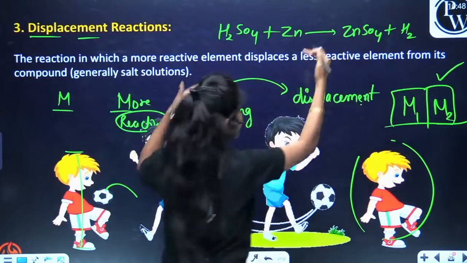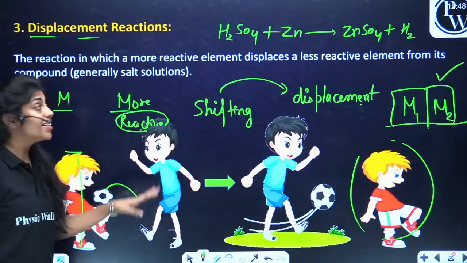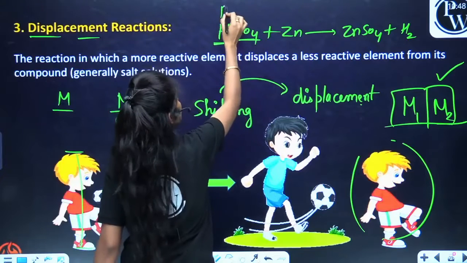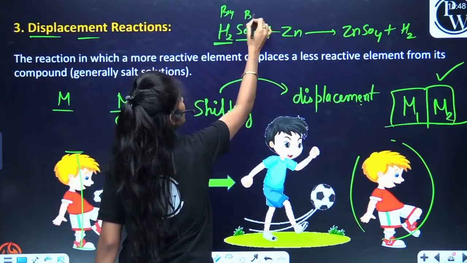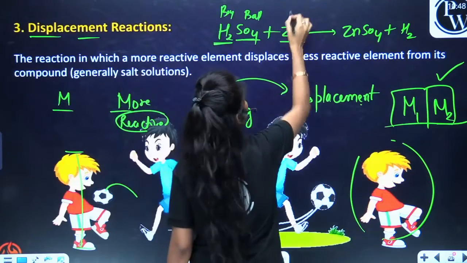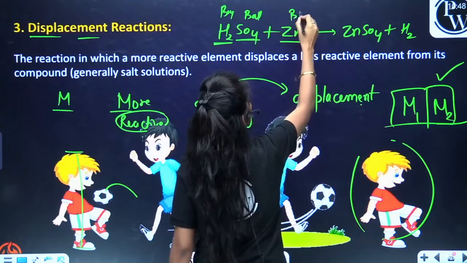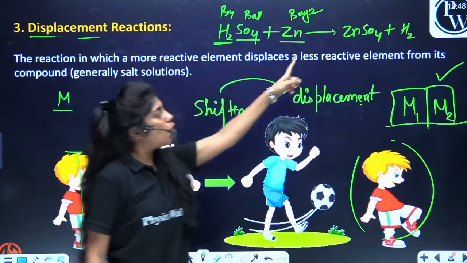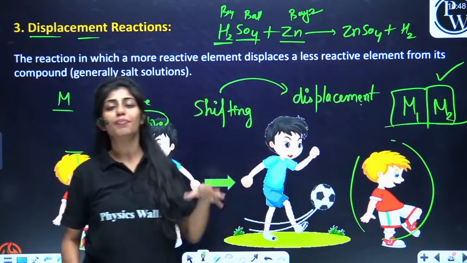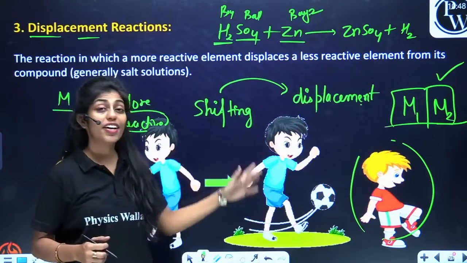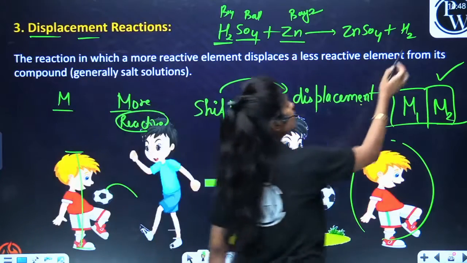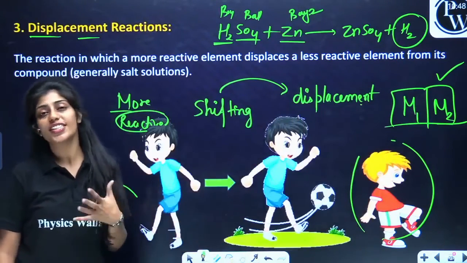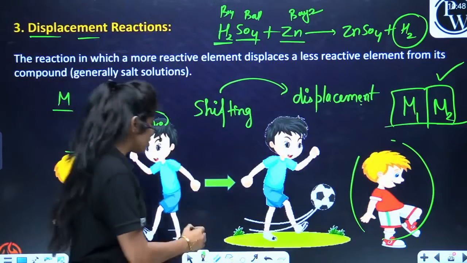Can you compare this reaction to the example? Yes, this is the boy, this is the ball, and this is the other taller, stronger boy, boy 2. The ball has gone to the bigger, stronger boy, and this poor little boy is left here. This is how these reactions take place: displacement reaction, the shifting.